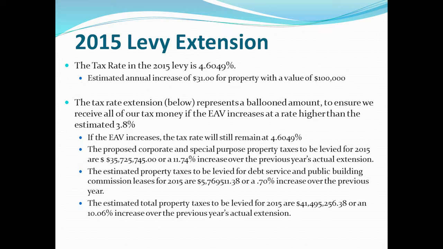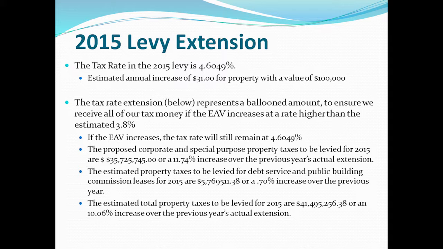The positive part about a balloon levy is that it doesn't cause the tax rate to go any higher because we can only get the amount that's allowed within those funds. So your tax rate will not go up if the property value goes up.